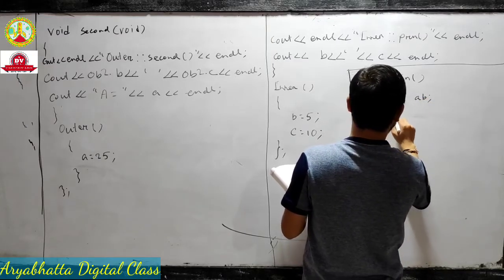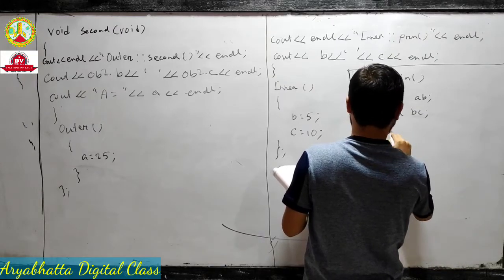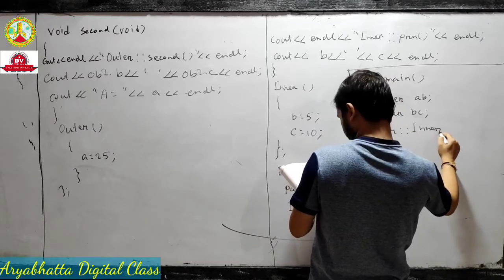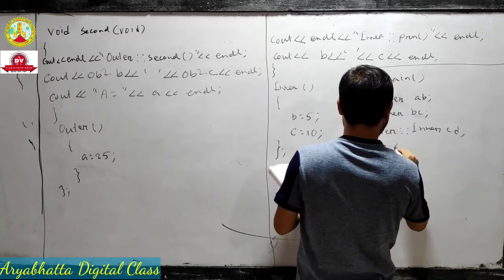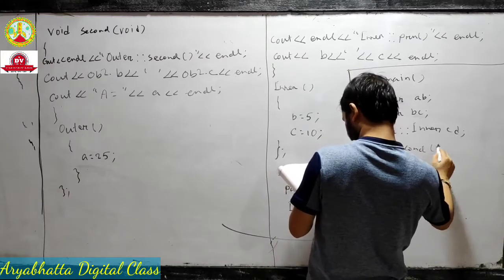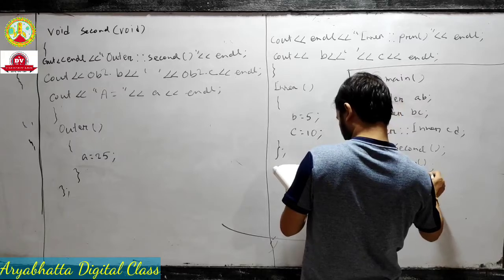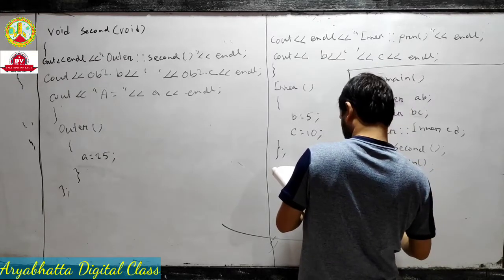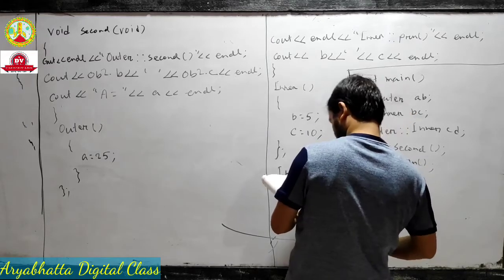Outer AB, inner BC, outer inner CD. AB dot operator second, BC dot operator PRN, that is the first member function. And the last one is return 0, and you write it in your compiler, get CH, or display the output.